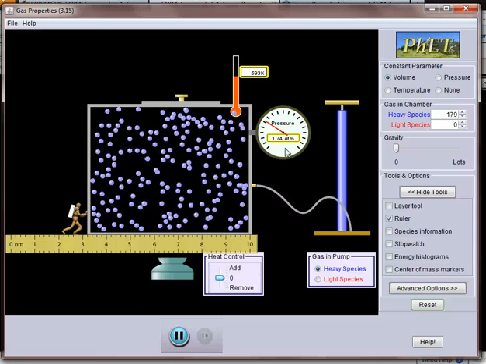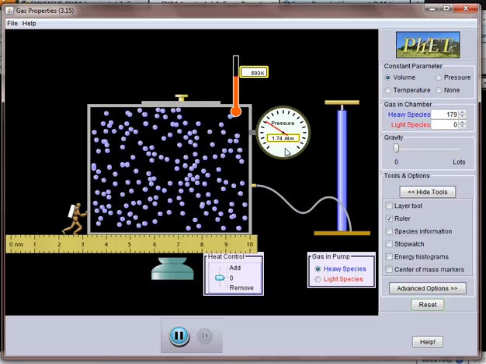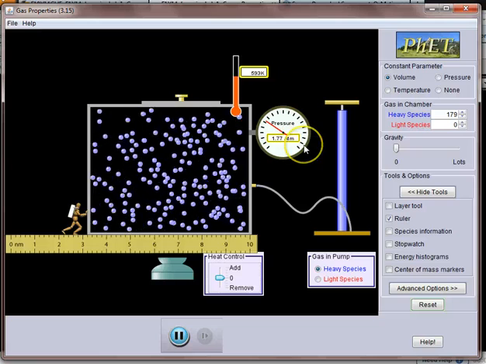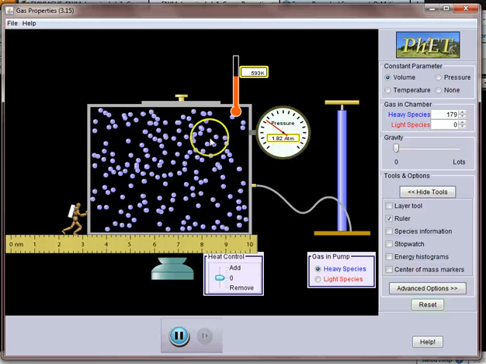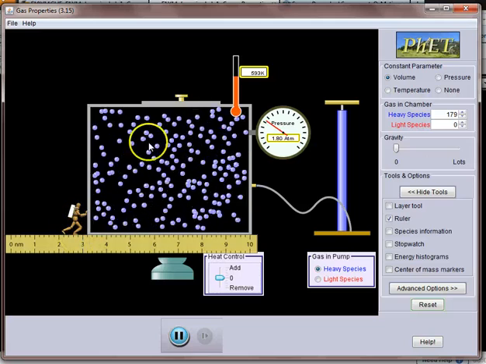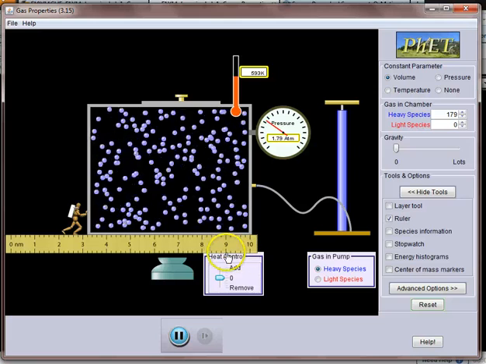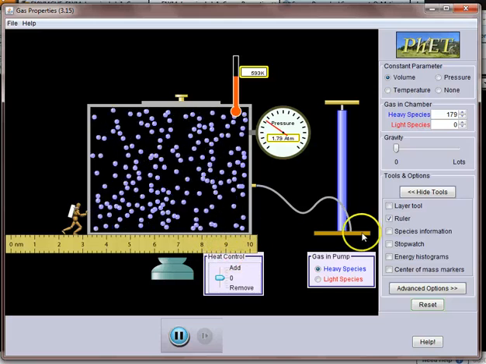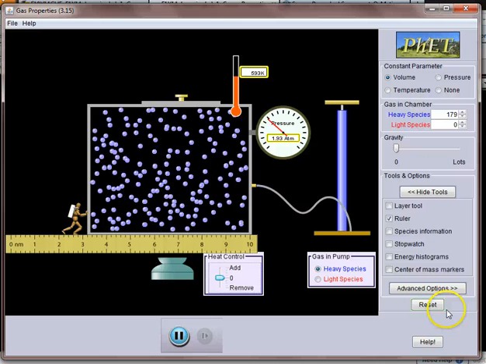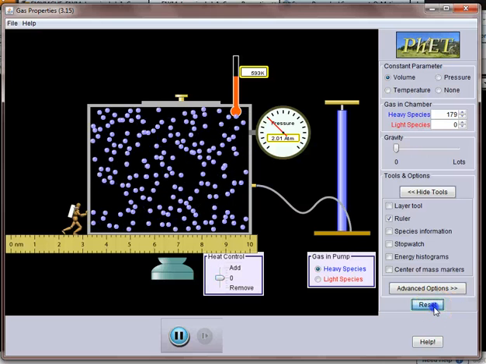Abhishek, understood how the pressure and temperature are related? Now what are the constant parameters? Again, remember, the constant parameters are volume and the number of gas particles. Now let's reset again.